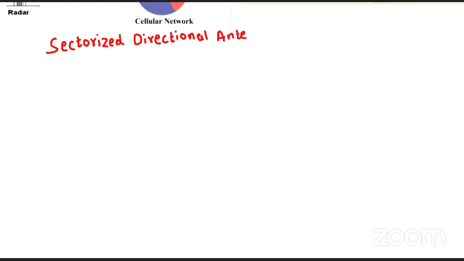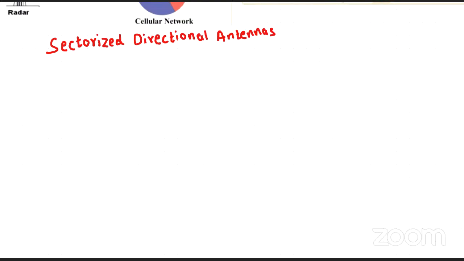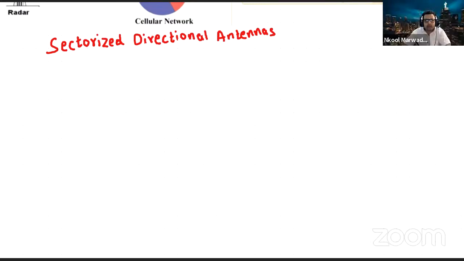Now, what benefit we will get is what we will discuss. Because of these sectorized directional antennas, we get two benefits.